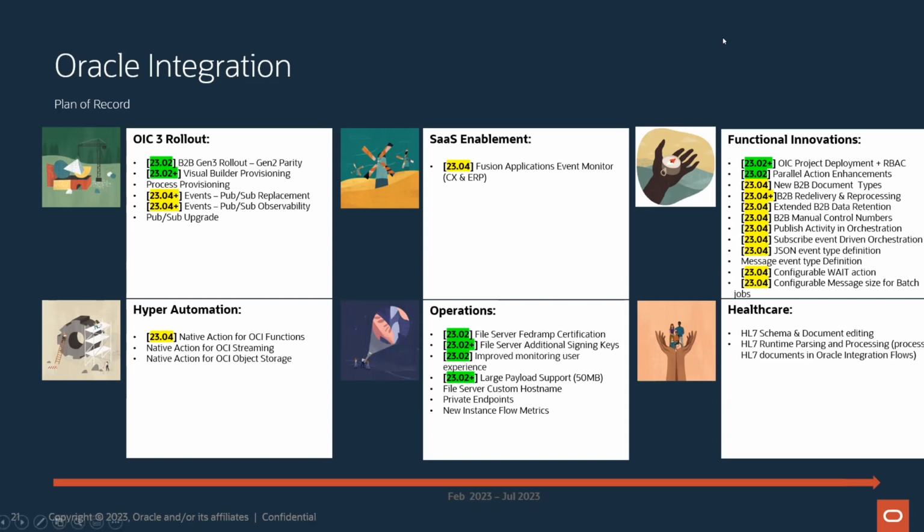If we look at SaaS enablement, in 2304 we're getting what's known as the Fusion Applications Event Monitor. This is for CX events and ERP events. A CX event could be a new account created or a new contact created.